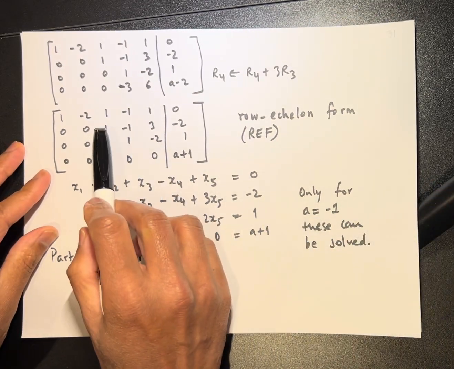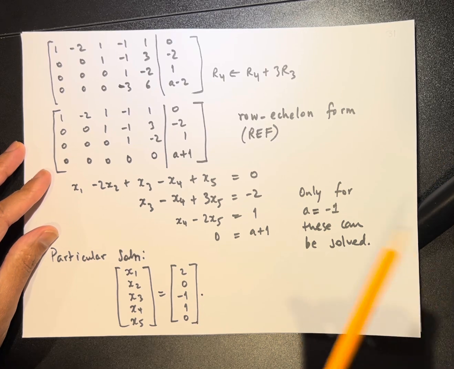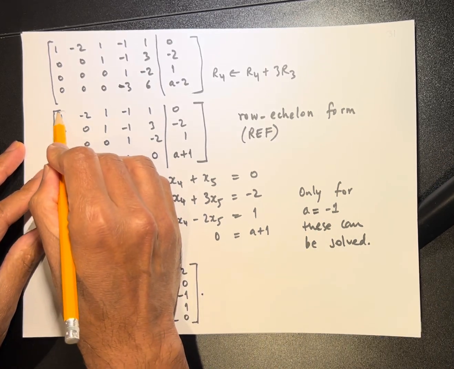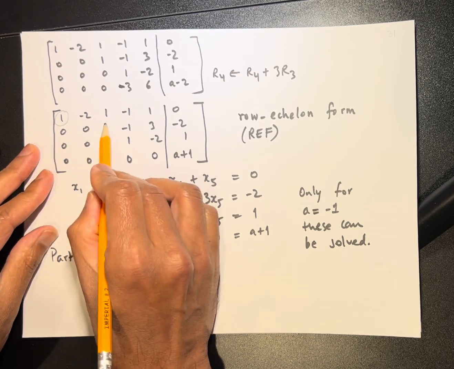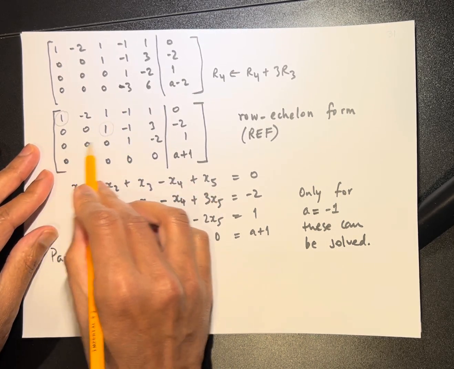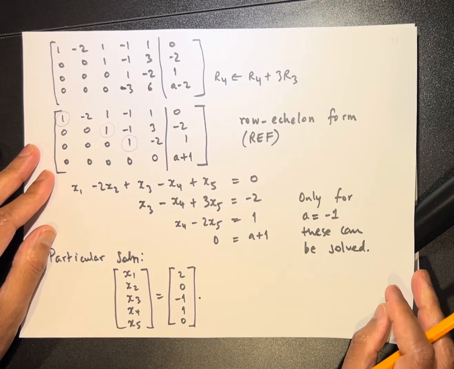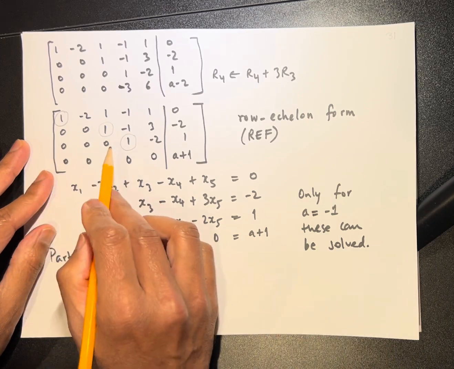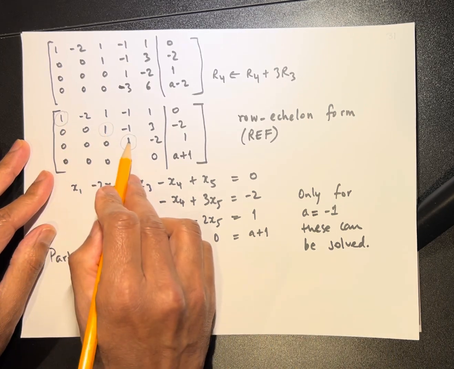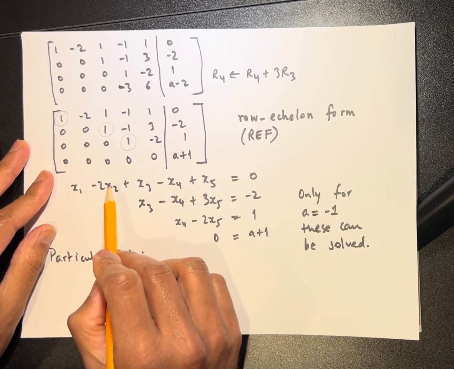So in this row echelon form, the leading coefficient of a row, the first non-zero number from the left, is this guy and not this one, and then in this row, this is the guy, and then in this one, this is the guy, right? So those three are what are known as pivots, and each is strictly to the right of the pivot of the row above it, right? So all these pivots are to the right of the pivots in the rows above.